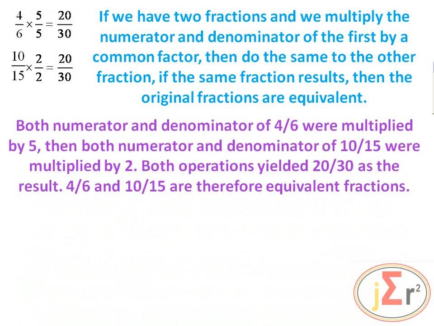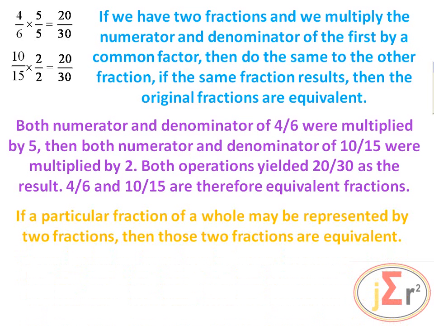Then both numerator and denominator of 10 over 15 were multiplied by 2. Both operations yielded 20 over 30 as the result. 4 over 6 and 10 over 15 are therefore equivalent fractions.